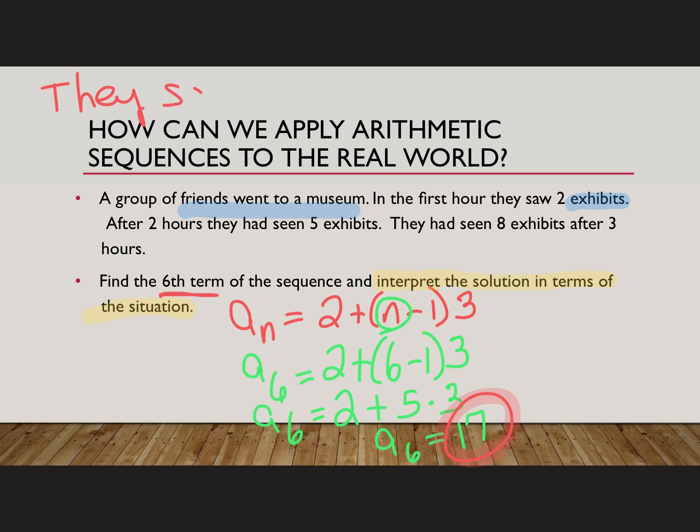So they saw 17 exhibits when? Remember the first part was how many hours? After 6 hours.